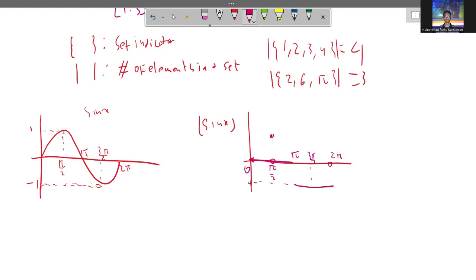So this is -1, this is 1. Okay, how does the graph of sine of x get transformed into this graph on the right?